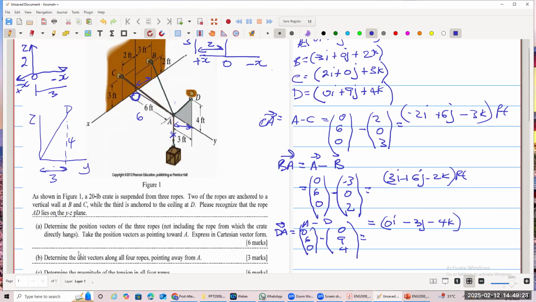After you have the position vectors, it says determine the unit vector along all 4 ropes pointing away from A. So now they want all of them, but in reverse order.